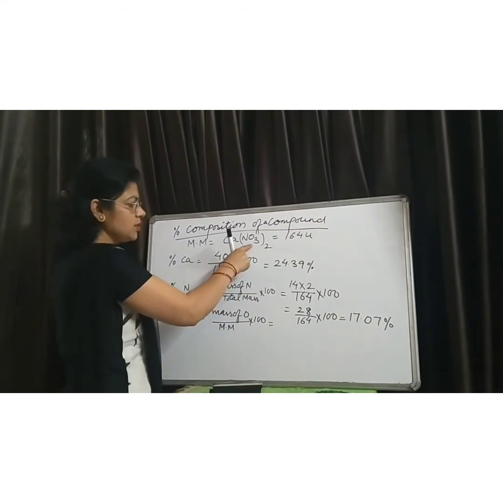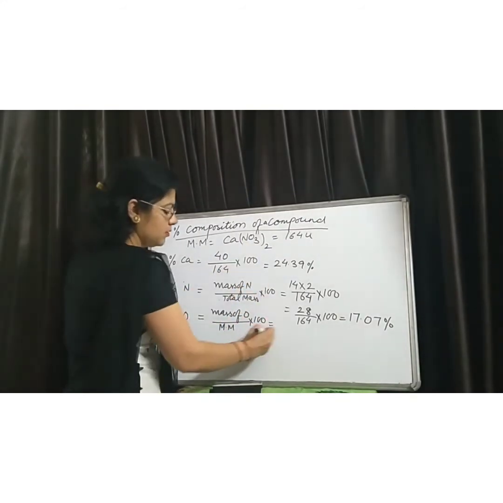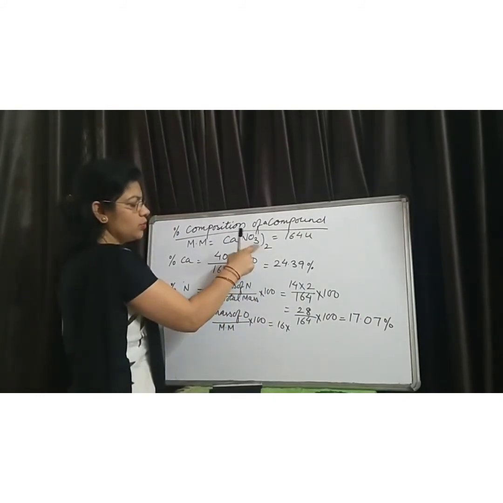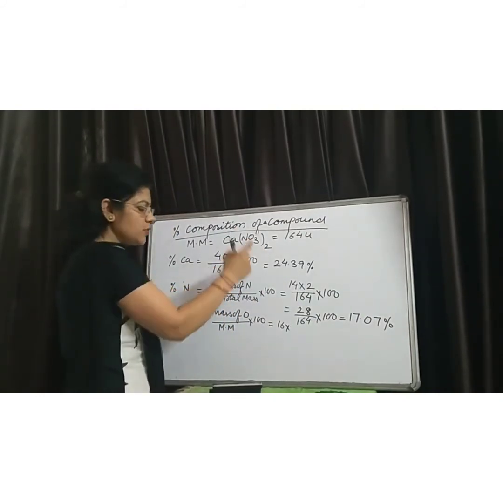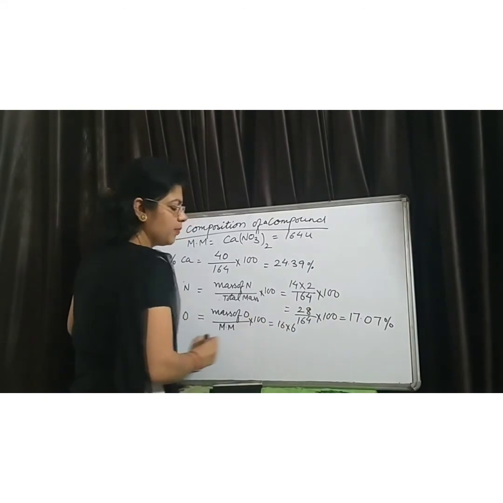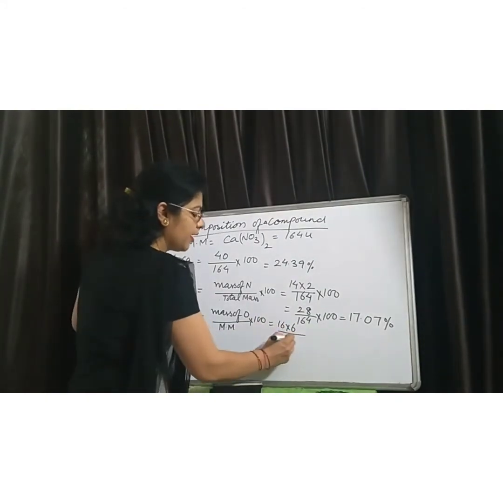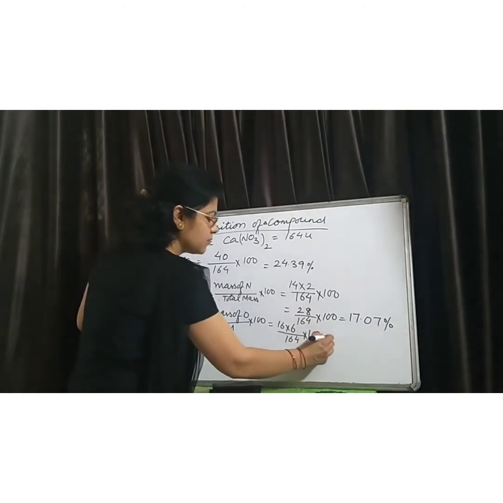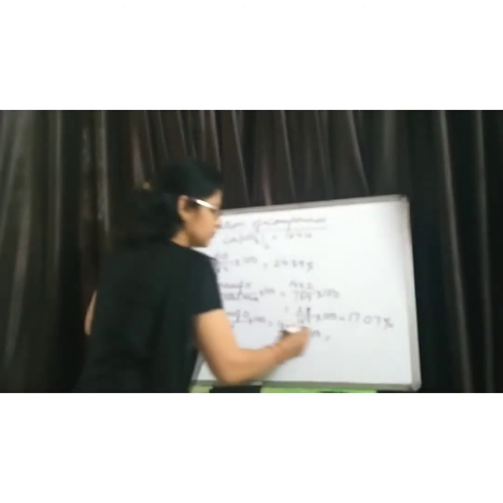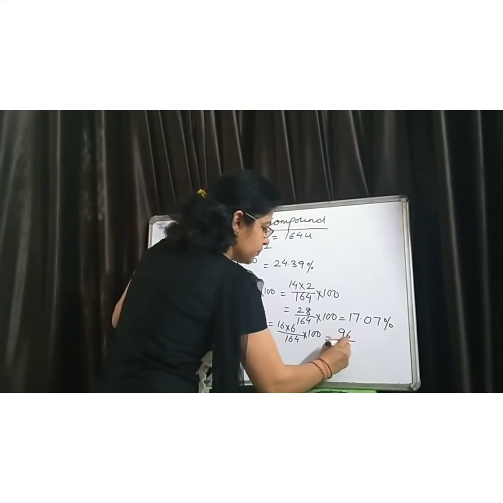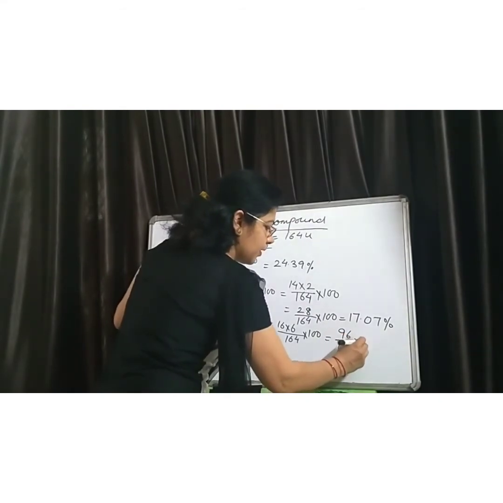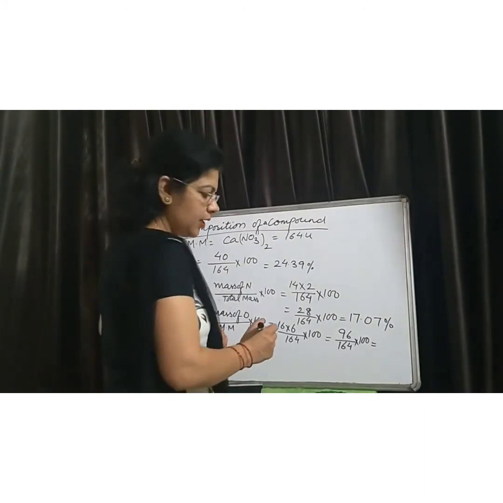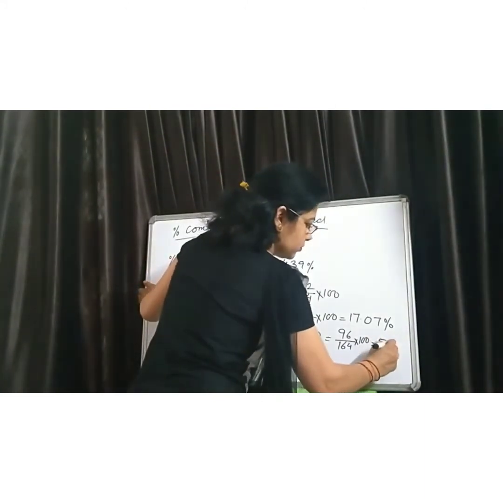The mass of oxygen is 16 into 3 into 2. Here 6 oxygen atoms are present, so we multiply by 6, divided by total mass, that is 164, multiplied by 100. 96 over 164 multiplied by 100 comes out to be approximately 58.54.